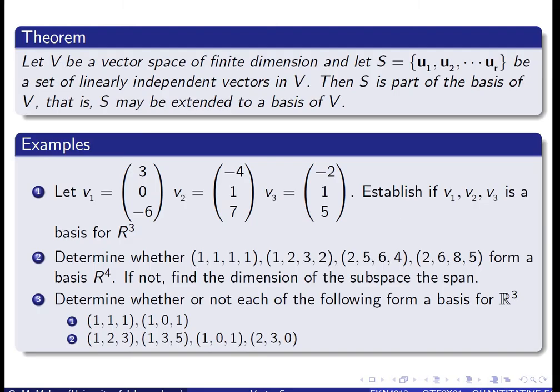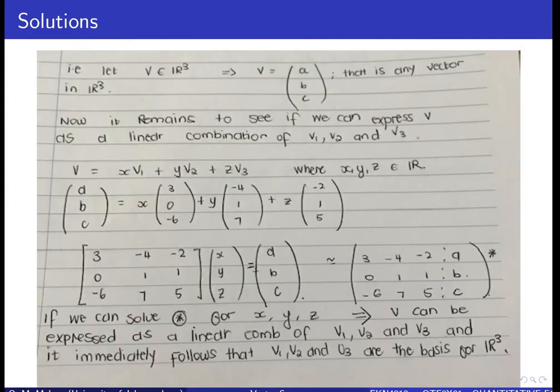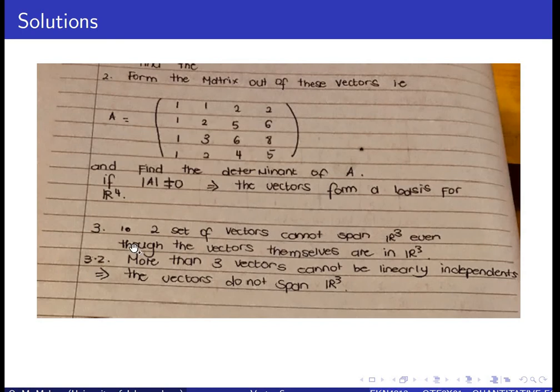And then we have the question: determine whether or not each of the following forms a basis for R3. Number 1 and number 2. For number 1, we only have 2 vectors in R3.